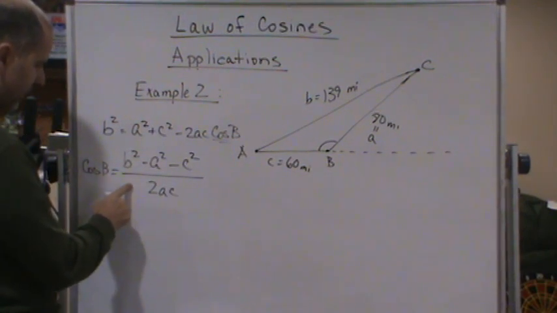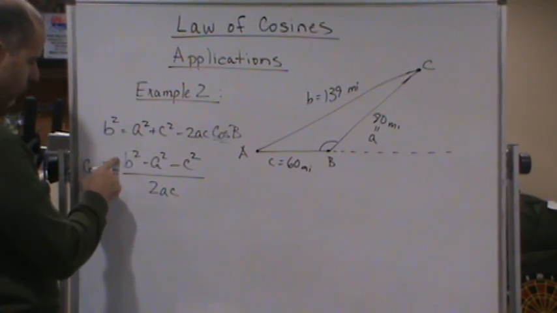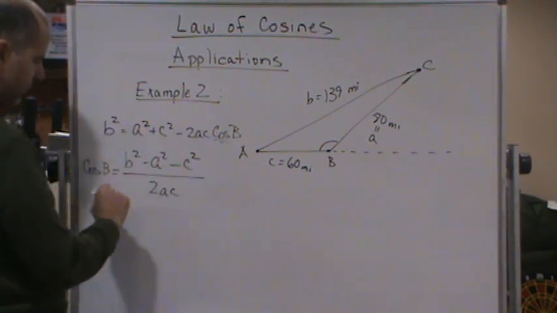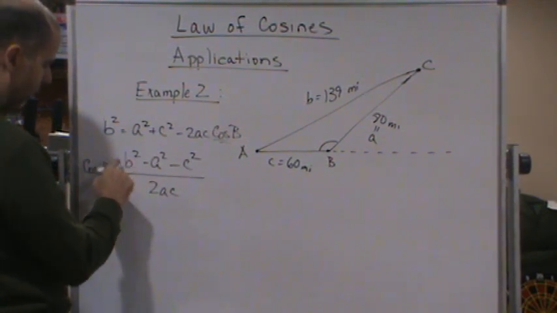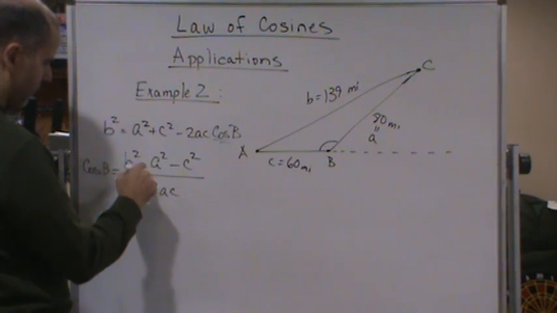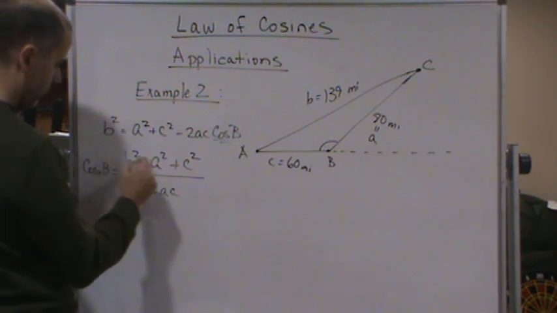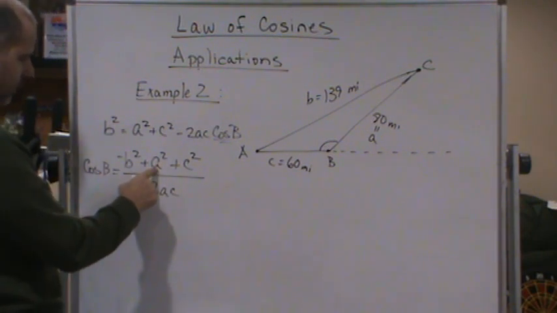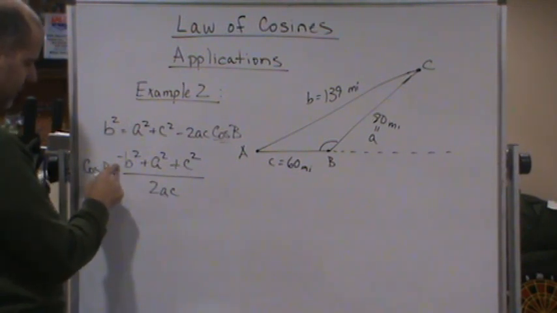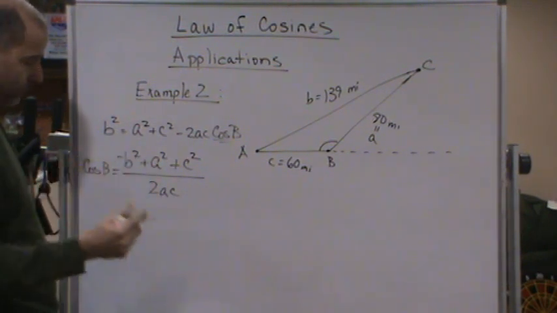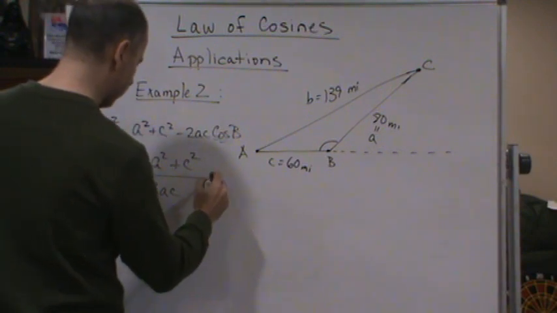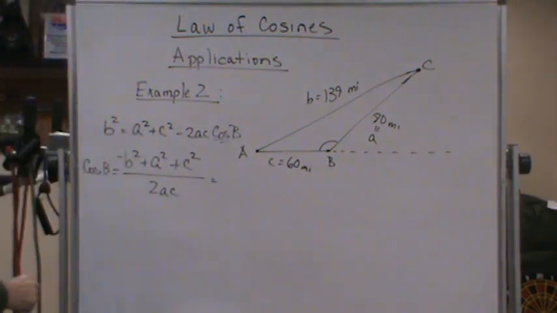So we can pull the negative sign out, put it on top, multiply by negative 1 on the top, and then we get A squared plus C squared minus B squared, which is what the alternate form shows over this. Okay?